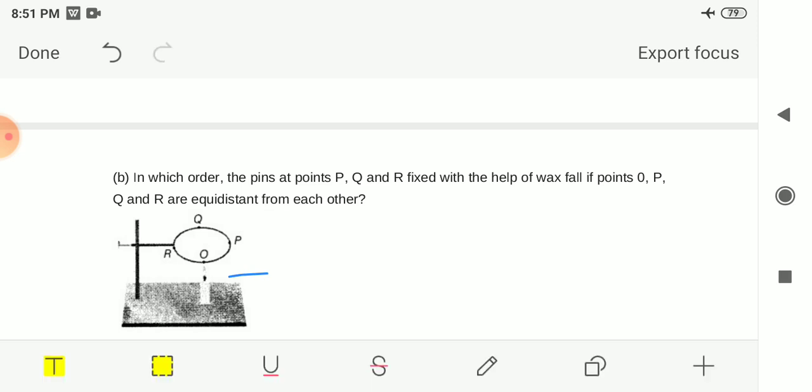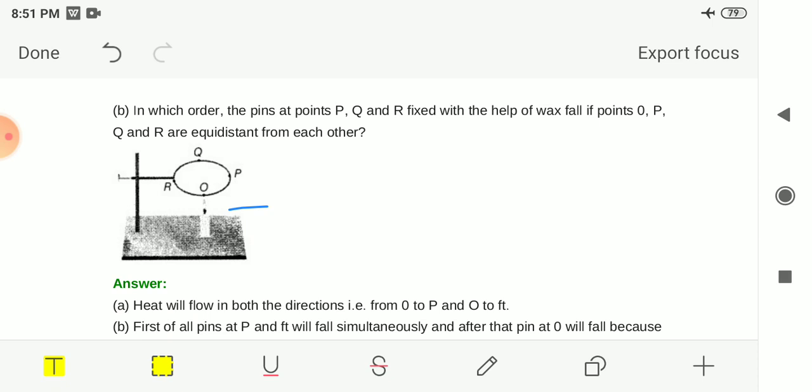And our next question is, in which order would the pins at the points P, Q and R, fixed with the help of wax, fall if the points O, P, Q and R are equidistant from each other? If these four points are at equal distance from each other, and the pins are fixed at the points P, Q, R with the help of wax, which pin will fall first?